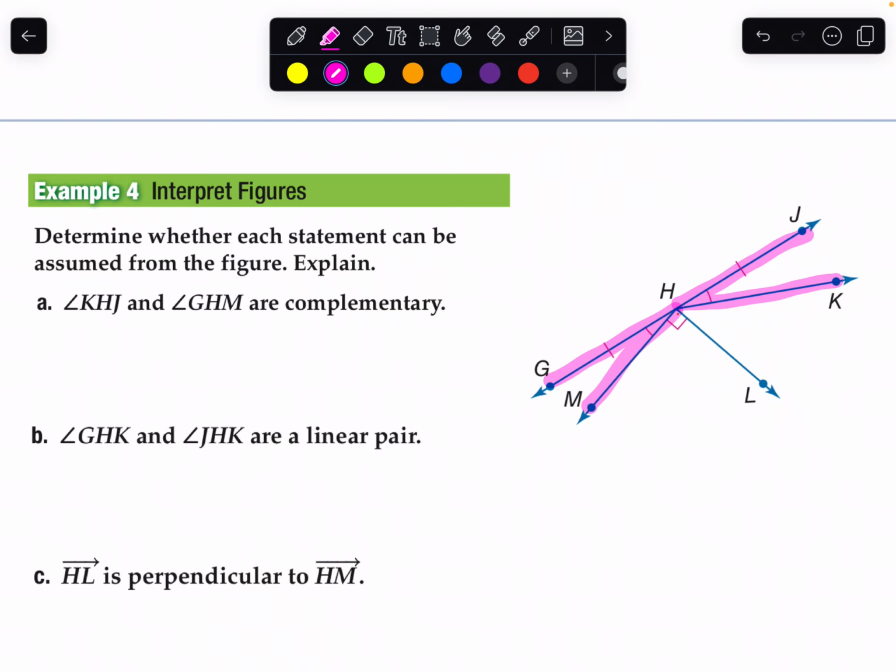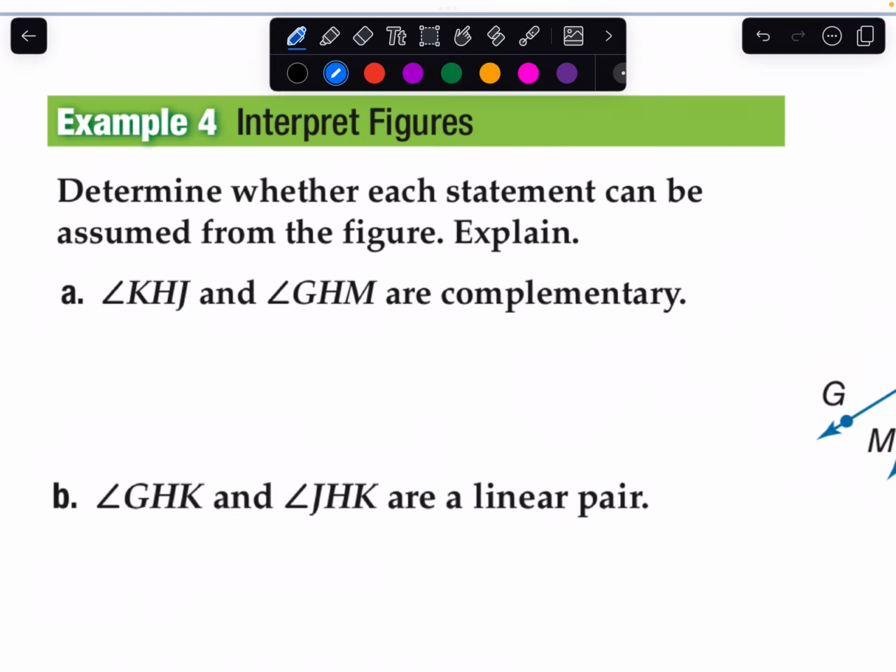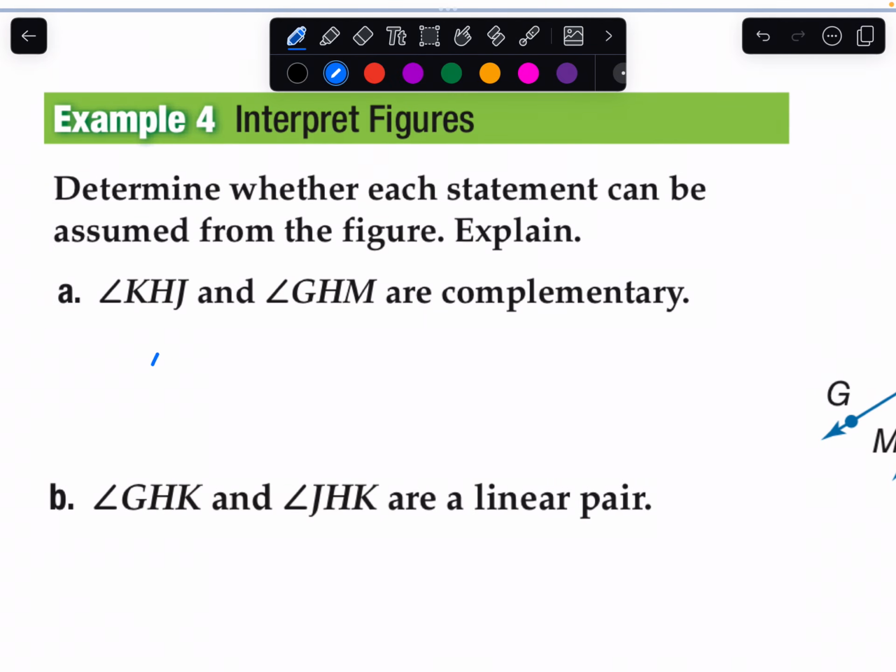Wait, KHJ, yeah, and GHM, yeah, no, I'm not seeing that. I see they're congruent. So I'm going to say no. I don't see that.